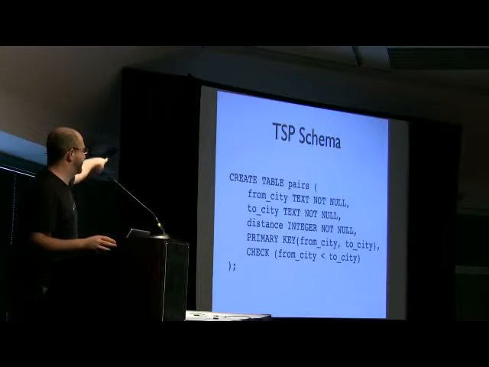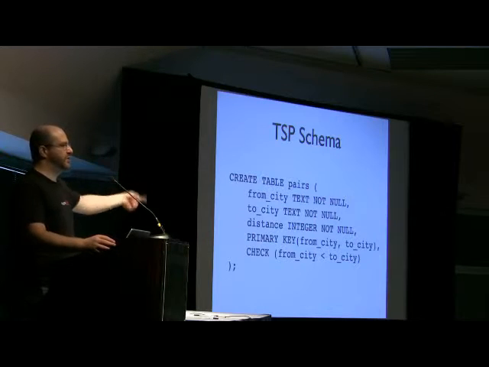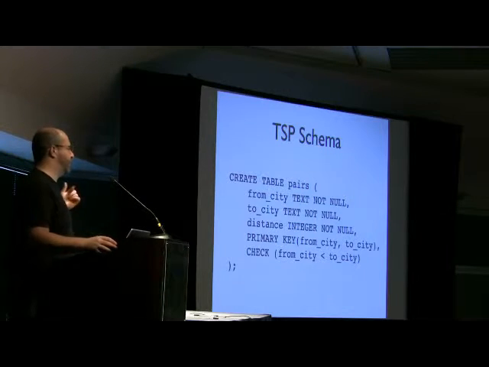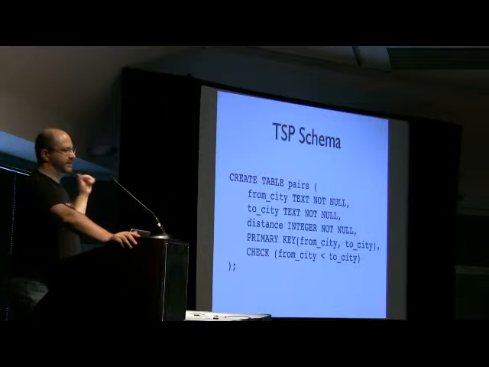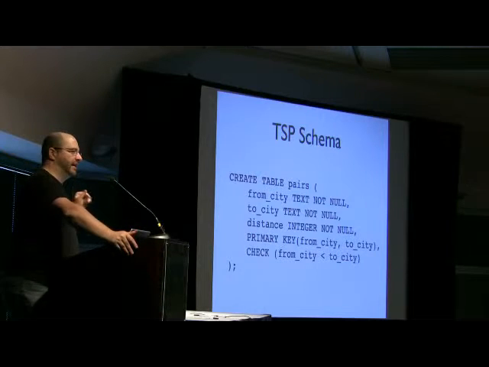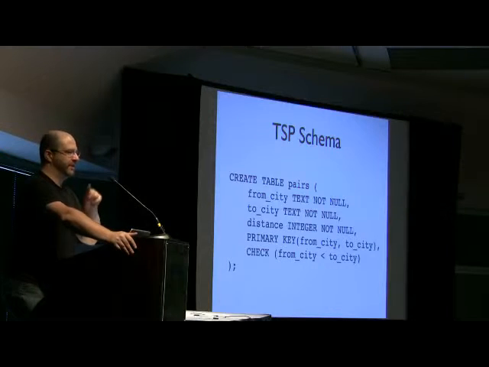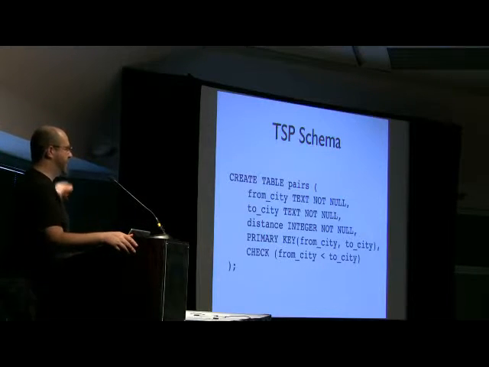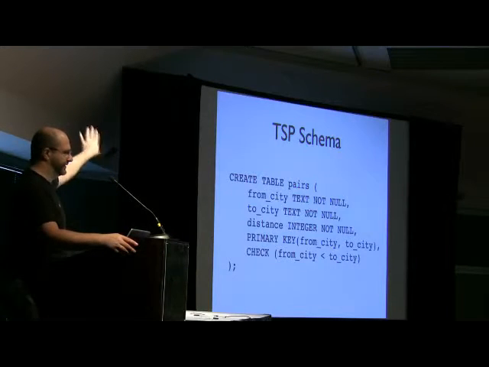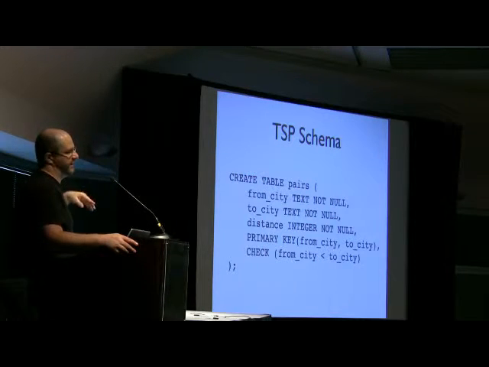This ensures that you don't have a from and to and then a to and from that are conflicting. Now we're going to assume that the distance from, say, San Francisco to San Jose is the same as the distance from San Jose to San Francisco. If that turns out not to be the case, we just drop that constraint and populate more stuff in the table.